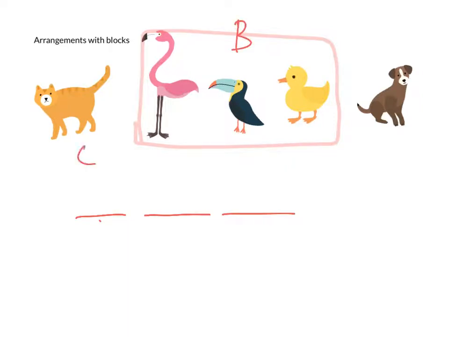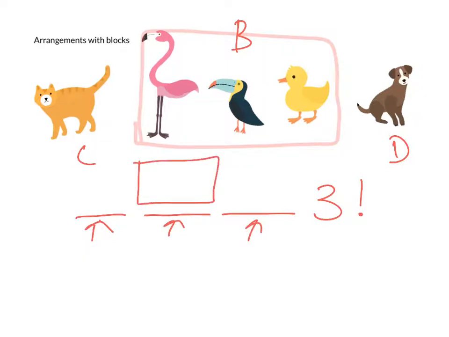We've got the cat, the bird, and the dog. So we can just arrange them in the order here. So what we actually end up having is a 3 factorial, where the birds might go into one of these 3 positions at any time. If the birds came here in second place, then we would have flamingo, what's this guy called, toucan, and chicken.